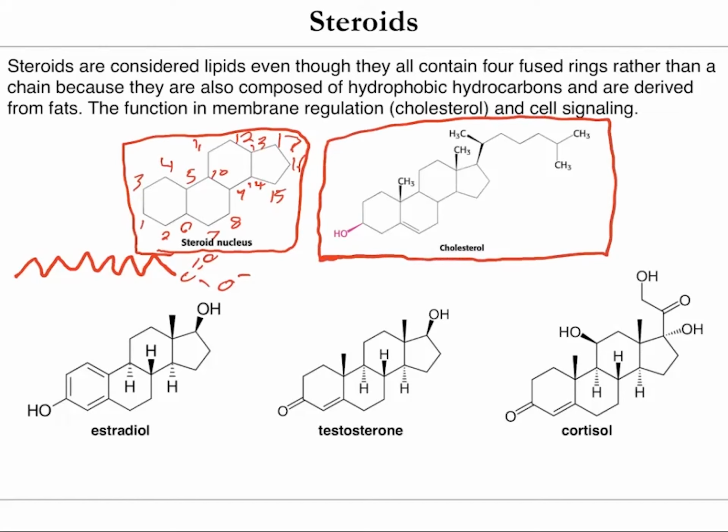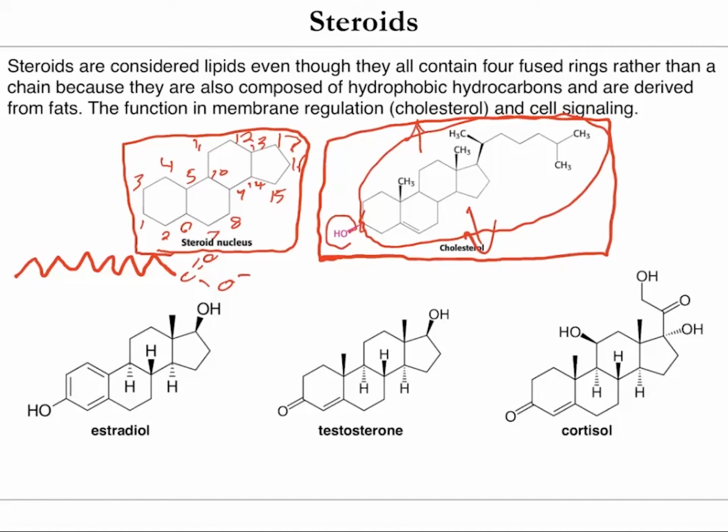Its main function in your body is to regulate the fluidity of the membranes in your cells. We'll talk a little bit more about this later, but this part of the cholesterol molecule will be embedded in the membrane, and it can actually interact with and push away other lipid molecules to make the membrane more fluid.